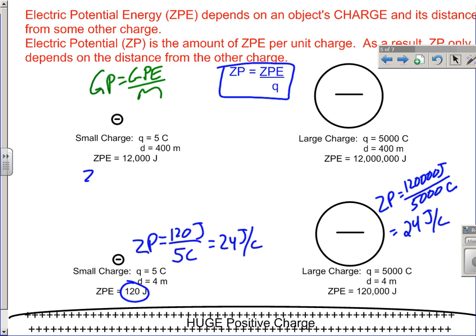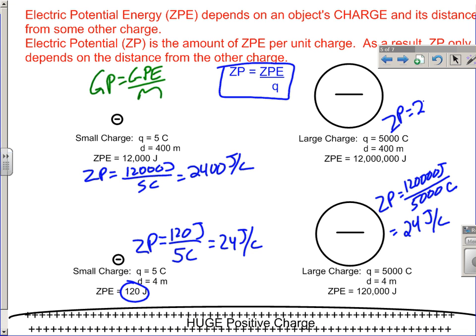And then for these top ones, because they're higher up, you end up getting a much larger electric potential. You have more joules per coulomb. All right. And over here you get the same thing.